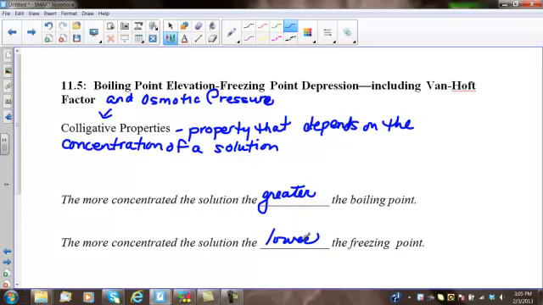The action of a non-volatile solute on a solvent can have four effects. So the four effects, I'm just going to list them over here.